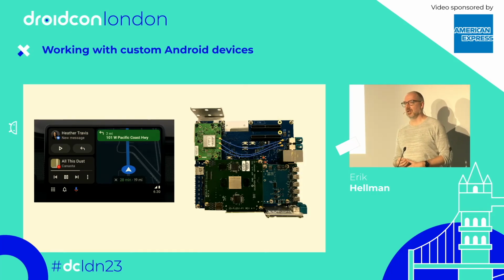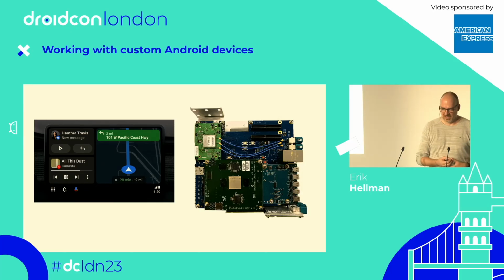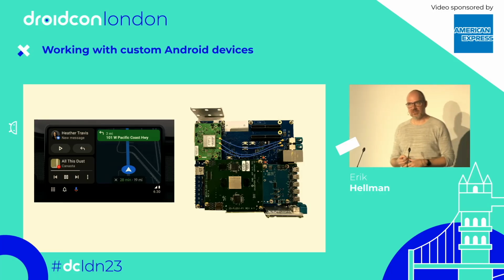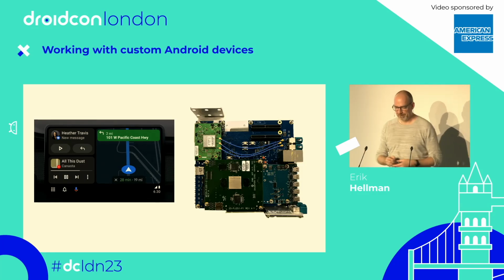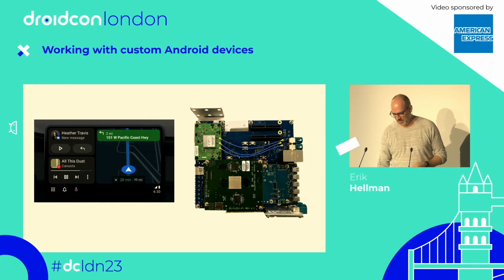But there's also a bunch of non-standard Android Automotive implementations out there. I can't really talk about them, the ones I know at least. But these are some of the more exotic solutions you will find in the wild. I wonder if Google knows what we're doing with Android here. They would probably cry.